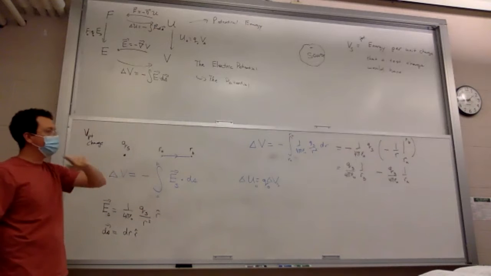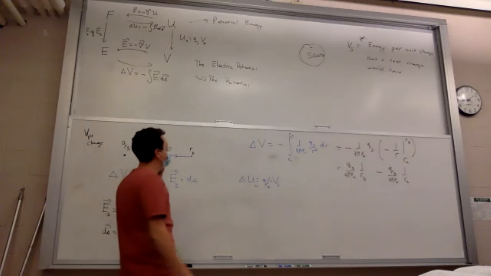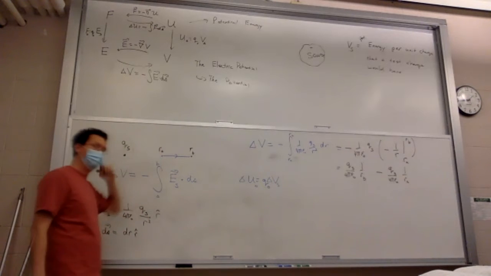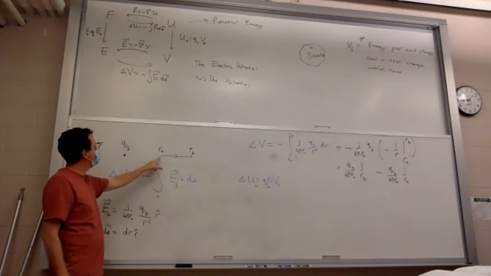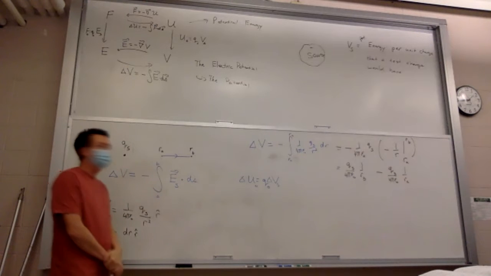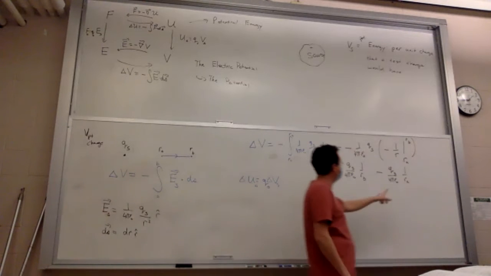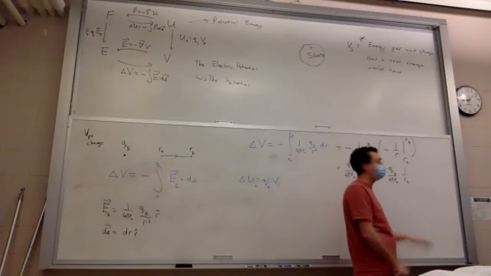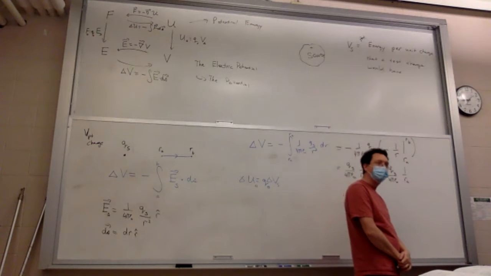Is that positive or negative? RA is smaller. So that means the denominator is smaller. What does that tell you about this fraction? It's bigger.